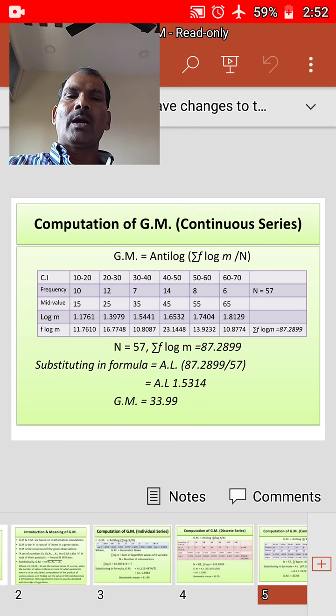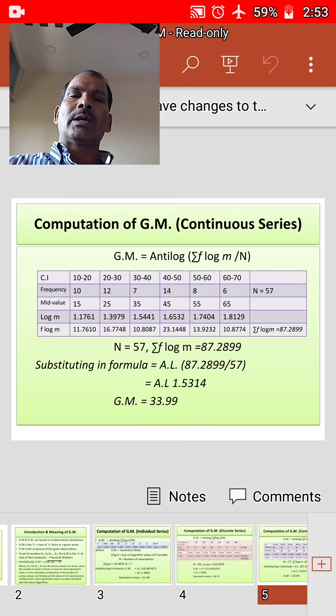If you see the PPT, you will find the formula for geometric mean of continuous series, that is antilog of sigma f into log m by n.